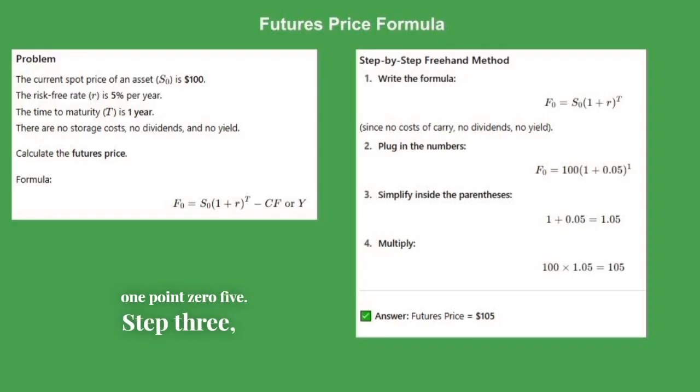Step 3, multiply. 100 times 1.05 equals 105. So the futures price is 105.